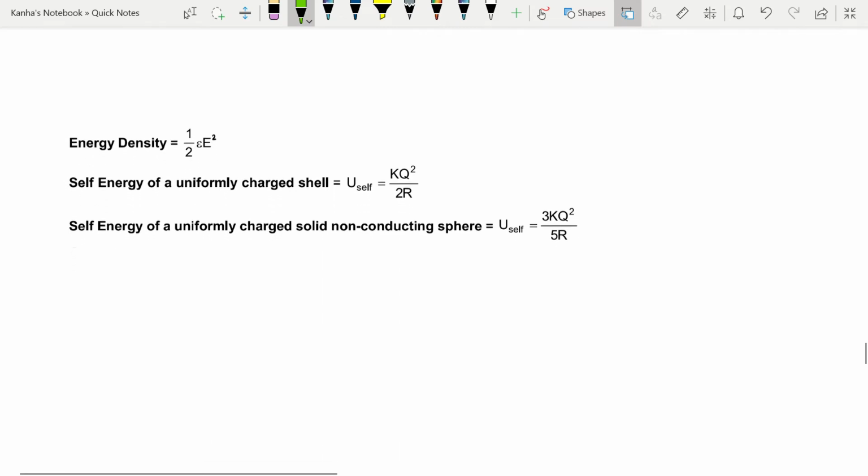Let's now look at the energetics of the system. The energy density in a system with an electrical field E is given by half epsilon E square. The self energy of a uniformly charged shell is given by kq square by 2r, and for a uniformly charged solid non-conducting sphere it's 3kq square by 5r.